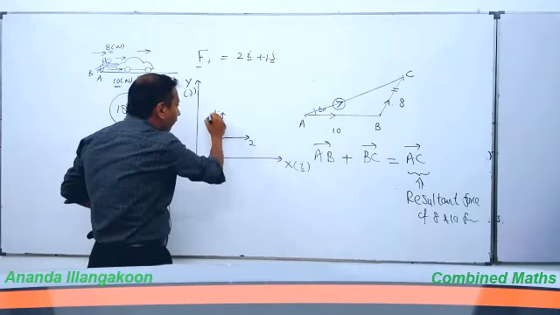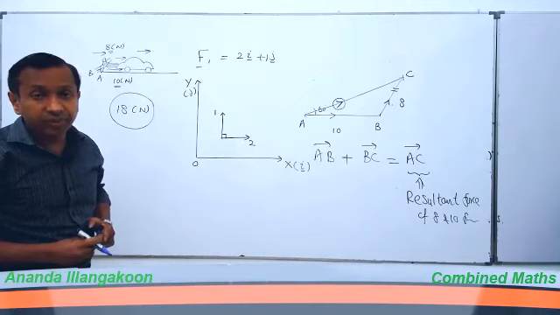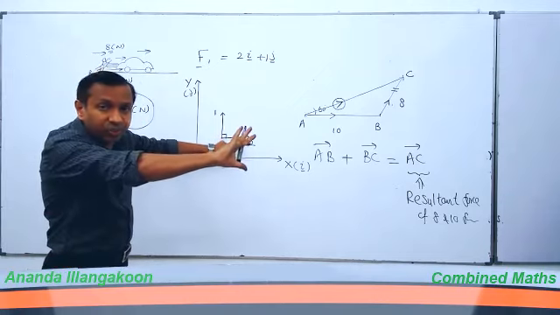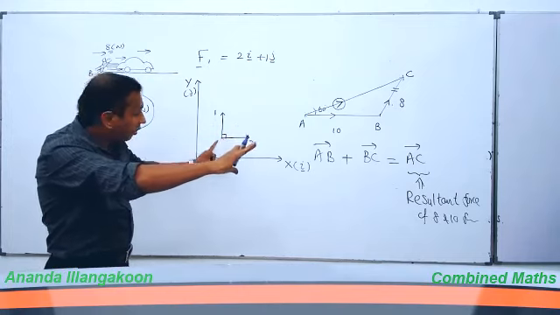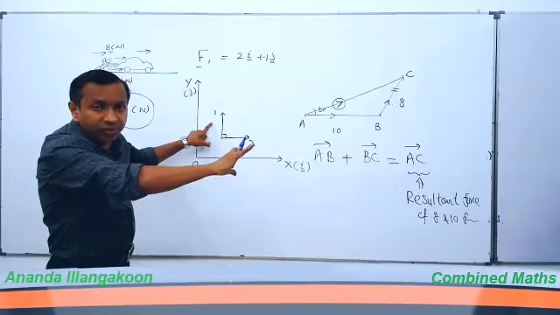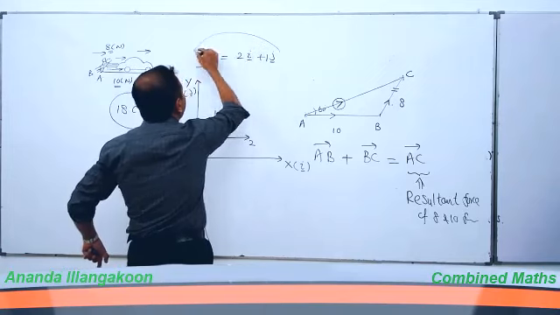These two components are perpendicular to each other. So positive x direction 2 Newton force, positive y direction 1 Newton force. A single force has two components, and this is what it denotes.